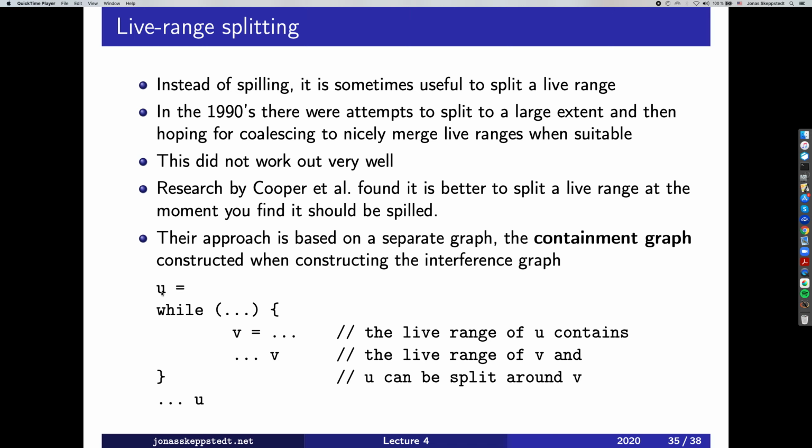And suppose that we allocate V a register, and then we find out that we have to spill U. Then it may be the case that we should split U around the live range of V, and that's done using this containment graph.